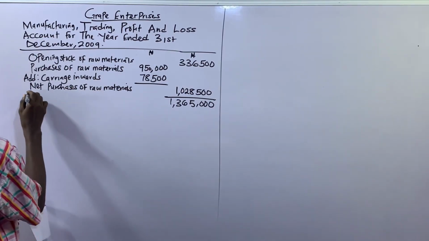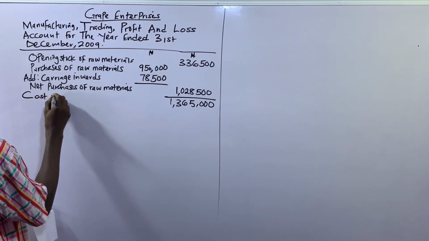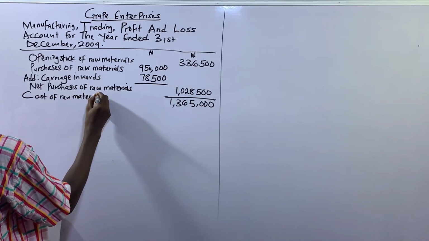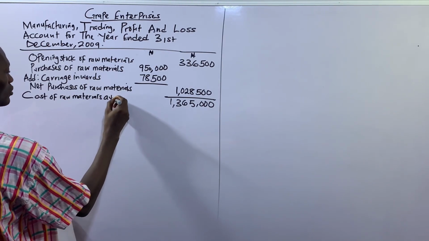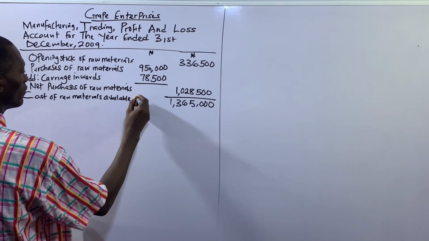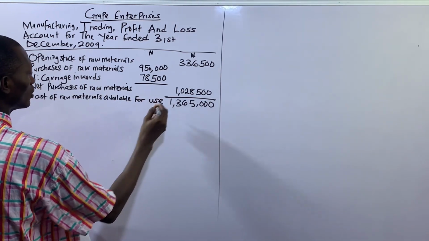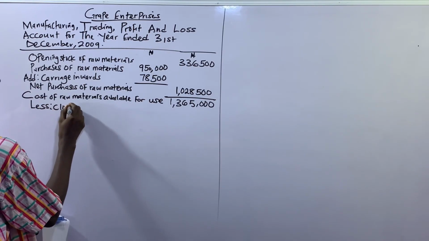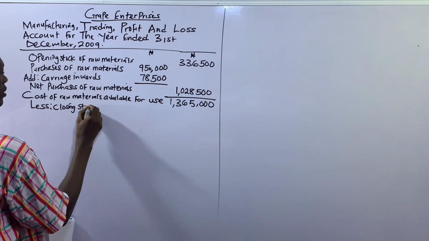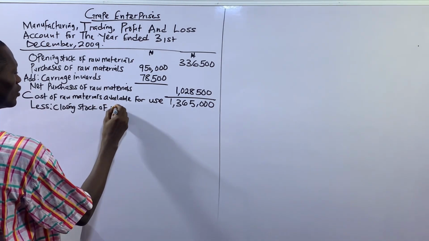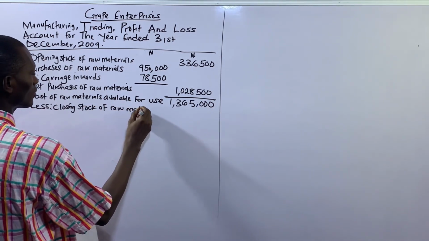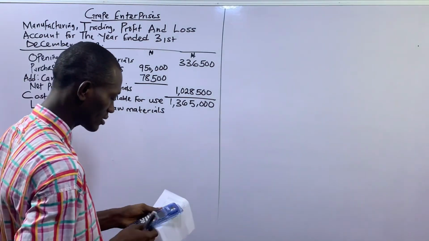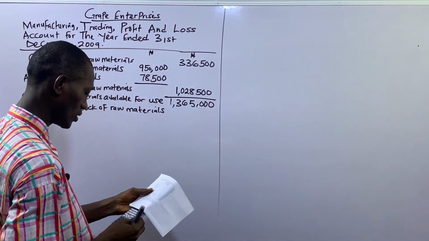So we call this cost of raw materials available for use. Then we less closing stock of raw materials. That is usually given towards the end of the question.